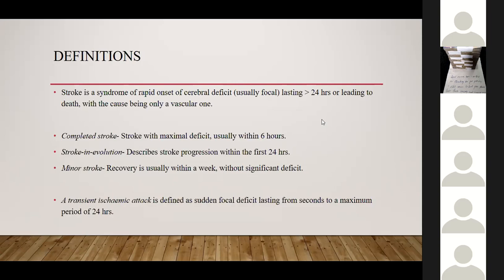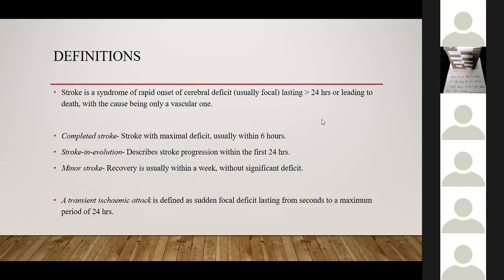Most often, a stroke in evolution would within 6 hours lead to a completed stroke. Most of the time, once you have it evolving, within 6 hours, you're going to have a completed stroke.